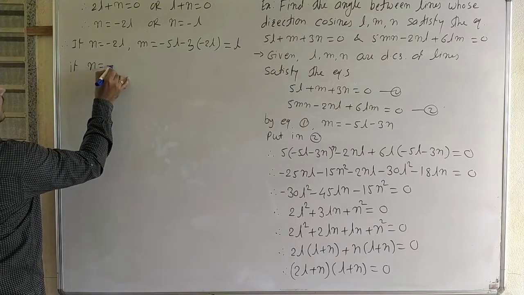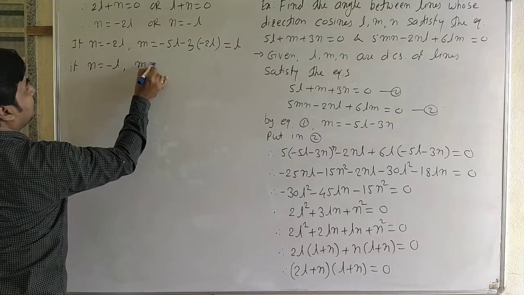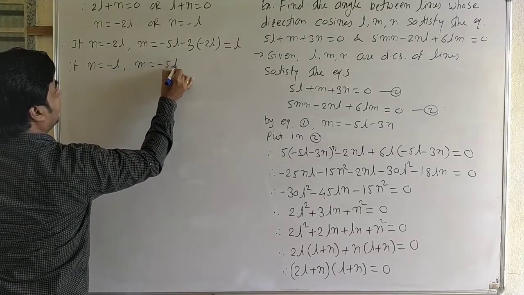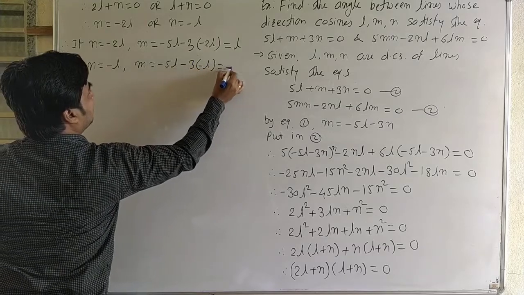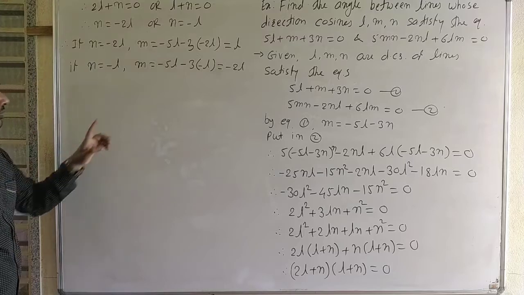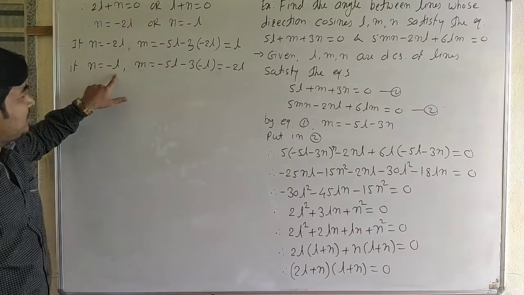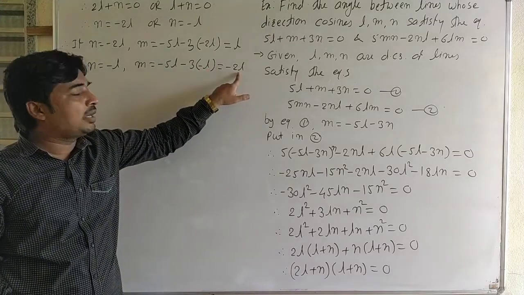If n is equal to minus L, then m is equal to minus 5L minus 3 into minus L, and it is minus 2L. Here if n is equal to minus L, m is equal to minus 2L.